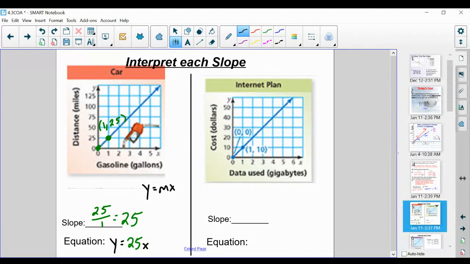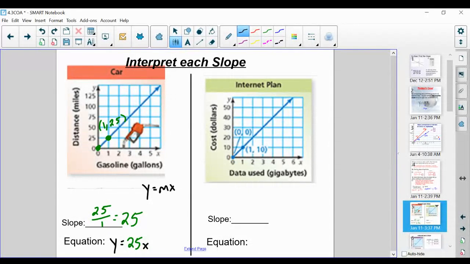Awesome. With this in mind, try out the internet plan and try to figure out the slope for that and then the equation for it, and resume when you're ready. All right, so hopefully you have tried this out. And if you notice, they give us two coordinate points here. They give us the origin of 0, 0, and they give us the first coordinate point 1, 10.